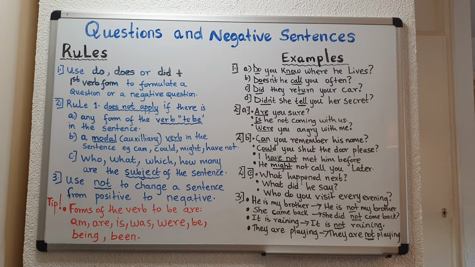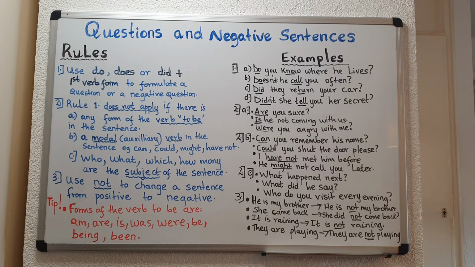Okay, so to formulate a question or to be able to ask a question in English or ask a negative question, you can begin the sentence with do, does, or did, plus the first verb form, okay?